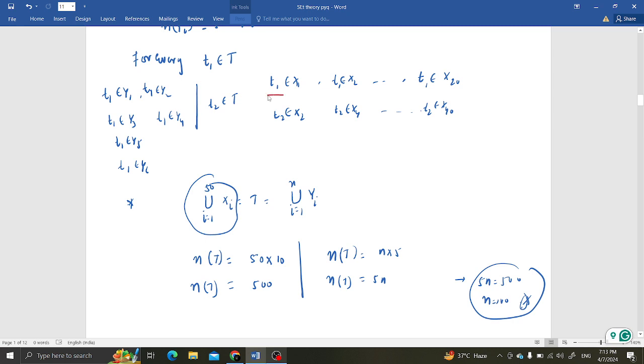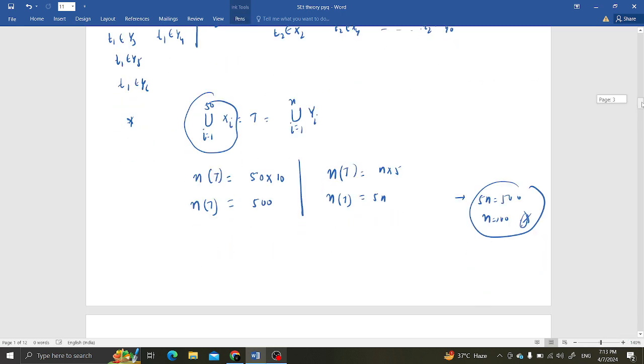Here you can observe that T1 repeats 20 times in the xi's. It means that in this union, T1 appears many times, because here I assumed that this T1 and the other T1 are different in our mind. That's why I calculated 50 times 10 simply.